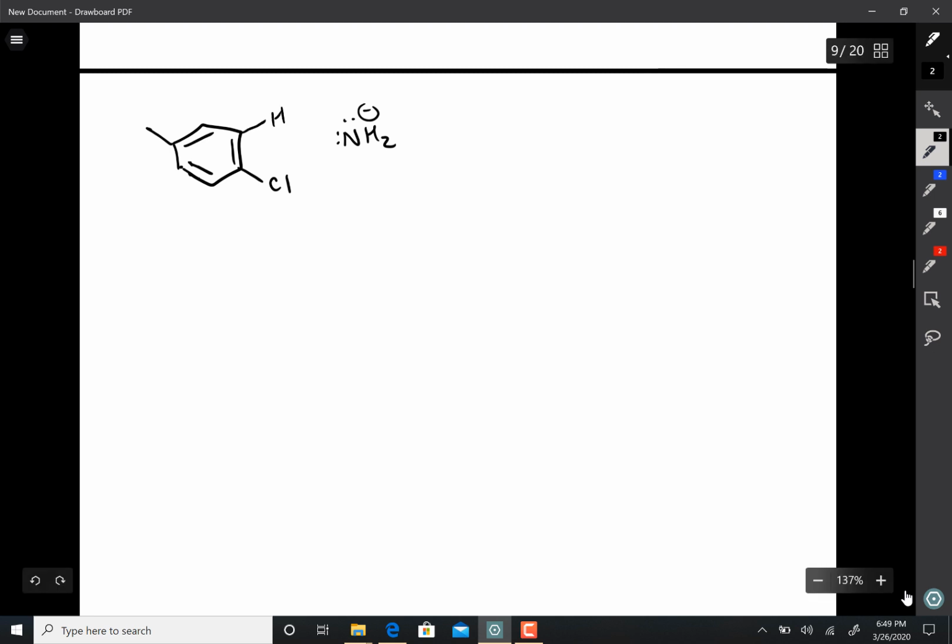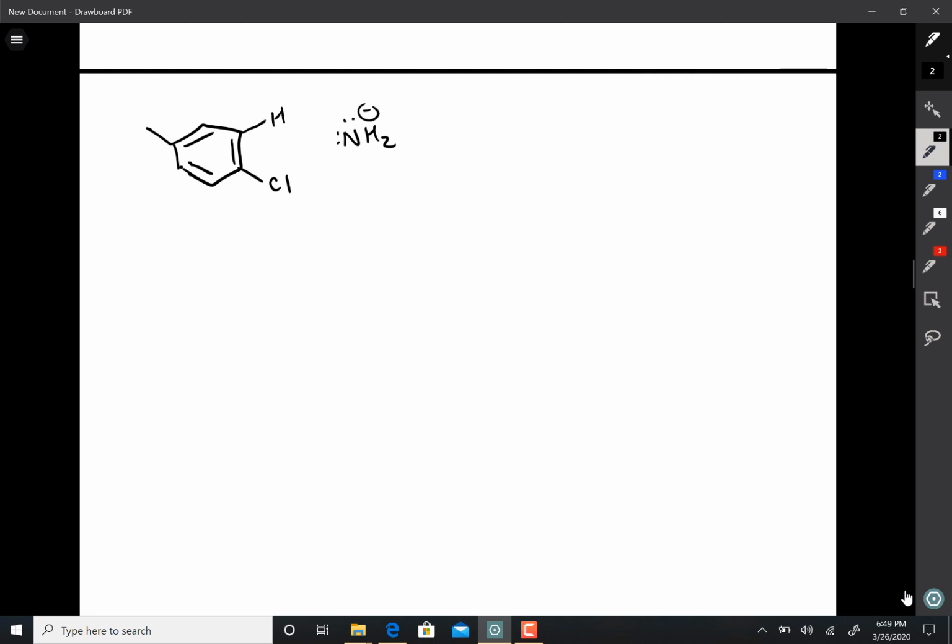So the mechanism of this reaction. The sodium amide is a very strong base. It wants to do a nucleophilic aromatic substitution, but the problem is this ring is just not electron deficient enough to accept the electrons.